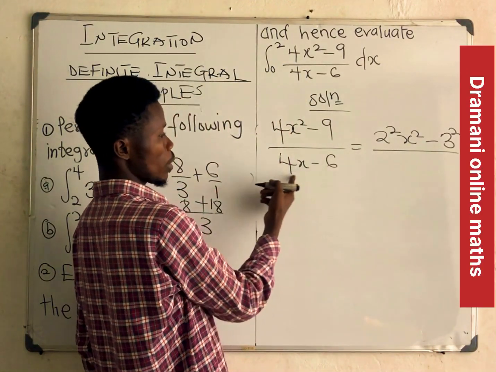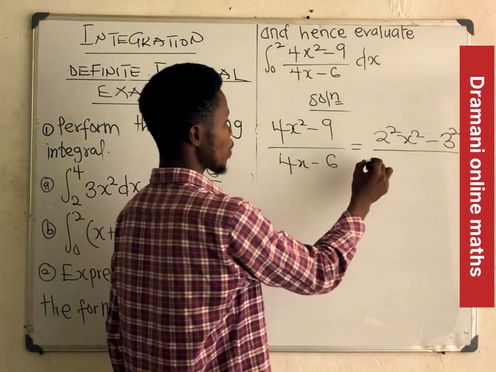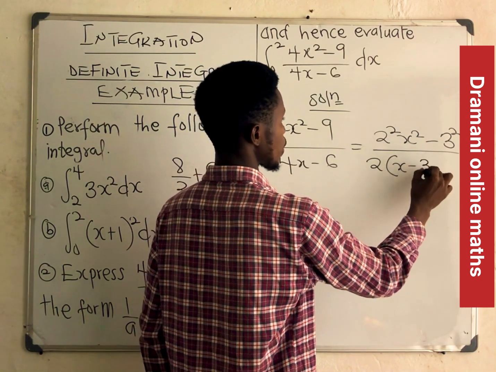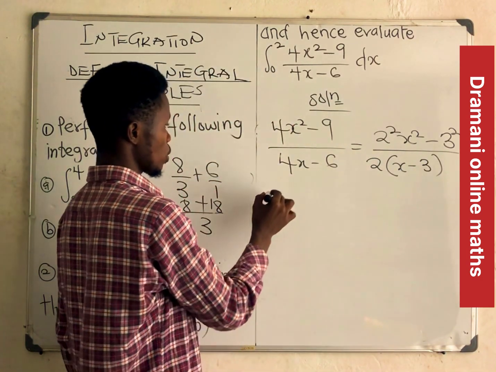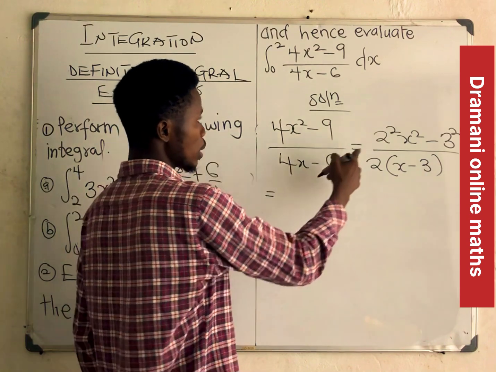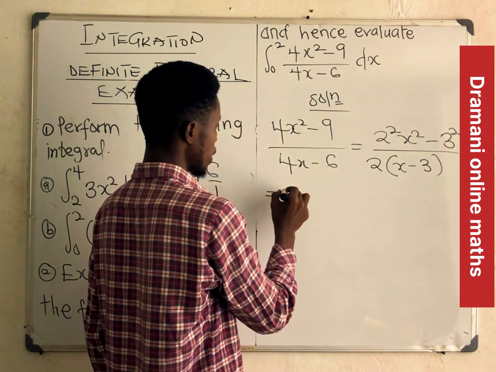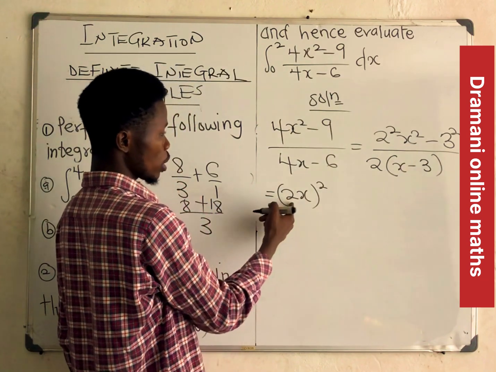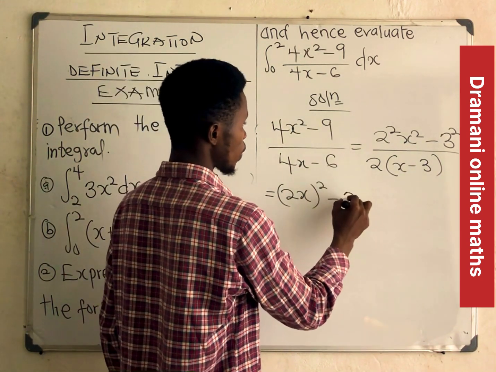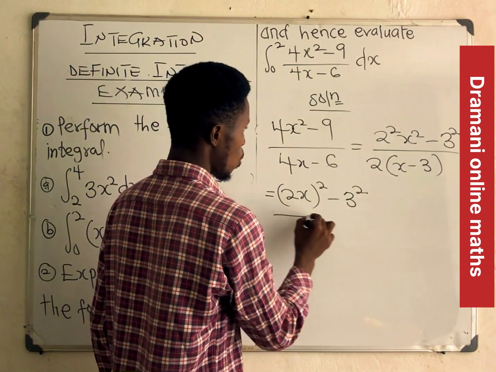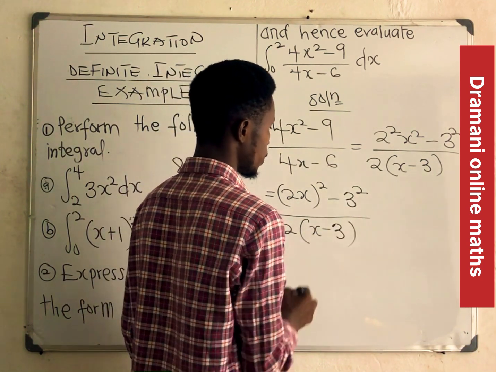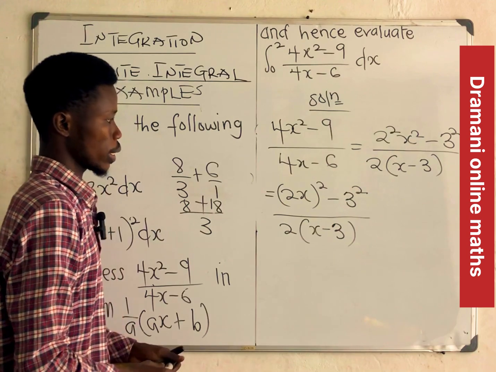What is the common term here? That is 2. So if I bring 2 out, I'll have x minus 3. So let's proceed. This 2 squared x squared can be written as 2x all squared, minus 3 squared, all divided by 2 times (2x minus 3).